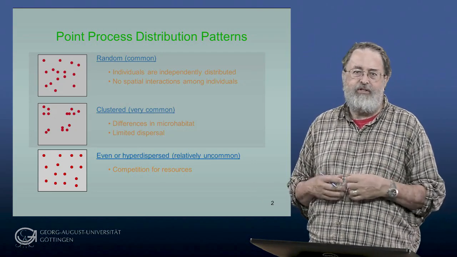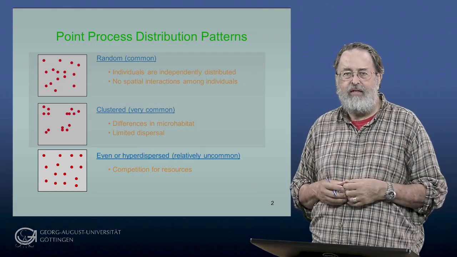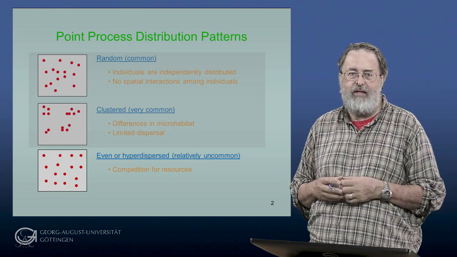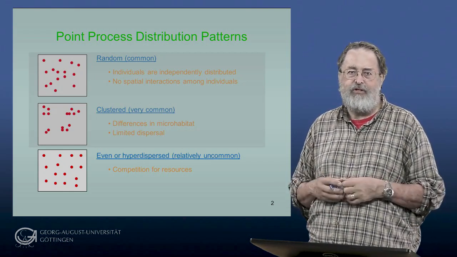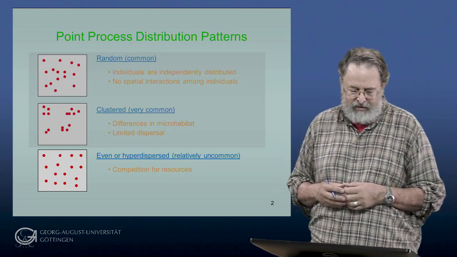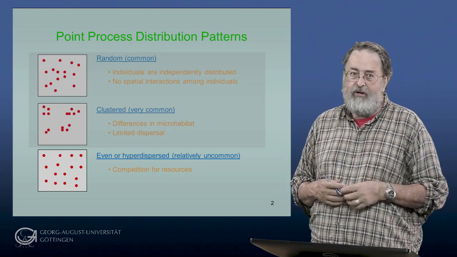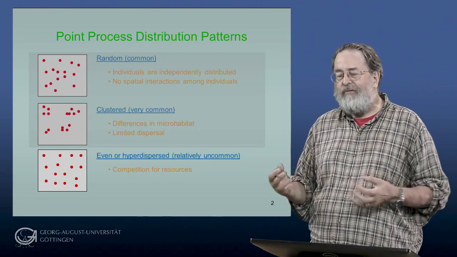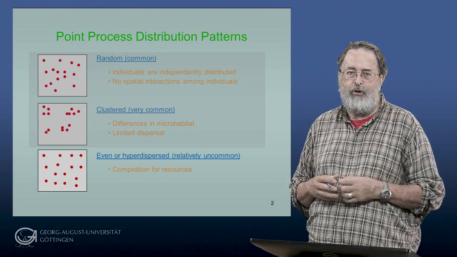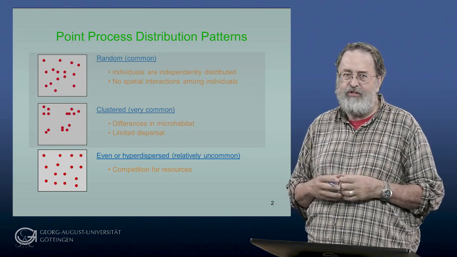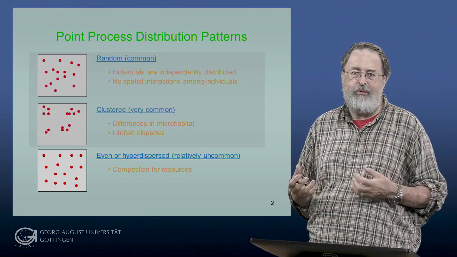In the animal world, this can be due to things like strong territoriality. So we can see this kind of hyperdispersed pattern, say, in the distribution of ant mounds and things like this. So these are basically the three different categories we think of in terms of point pattern analysis as being produced, and what we try to do is differentiate between the three when we do an analysis.